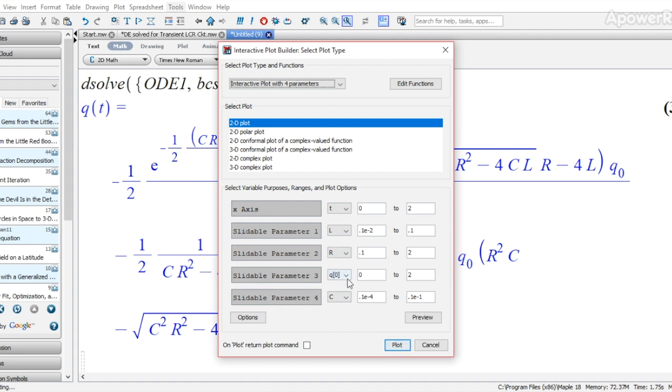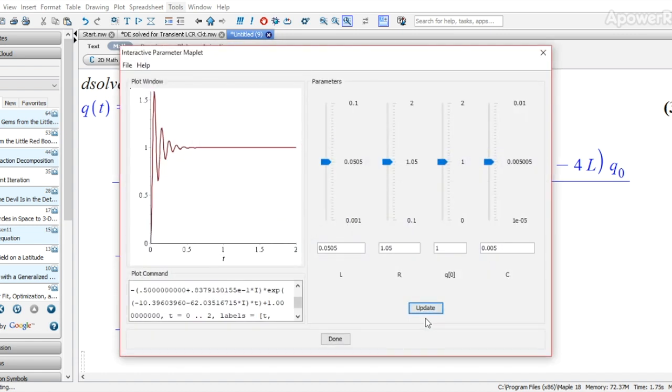Q0 we have selected 0 to 2, so arbitrarily it selects at the middle, that is 1. So amplitude we are considering 1 at the beginning, and C is, sorry, it is 10 to the power minus 4 farad to 0.01 farad. Now let us preview this plot.